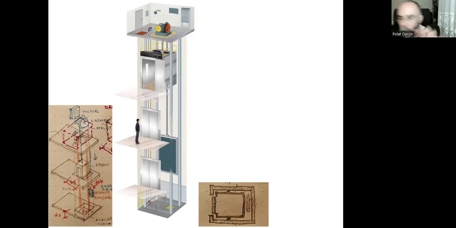So when the cabin stops at the floor, two sets of doors will be open. The doors on the hoistway on the floor, and simultaneously the doors on the cabin will be opened so that we can step outside or step in. And when we look down, we can see the top view of this counterweights, and that's enough. That's what we need to draw for a plan.